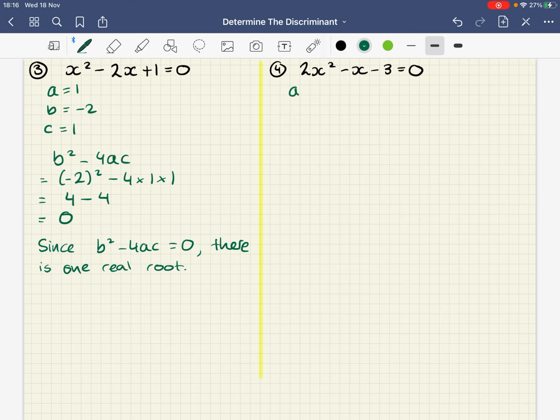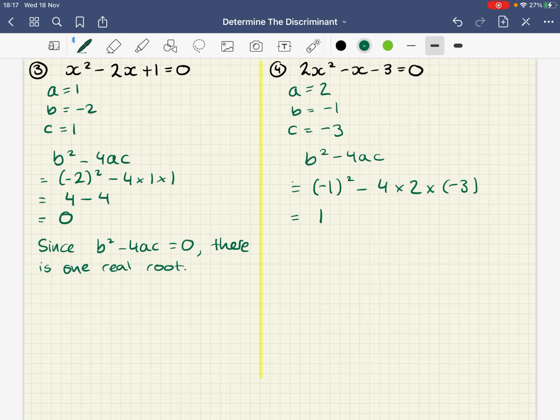And then last example here, a is 2, b is -1, c is -3. So using my b squared minus 4ac, I'm going to have -1 squared minus 4 times 2 times -3. So that's going to be 1.